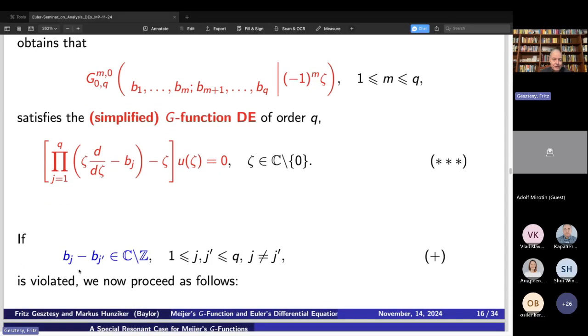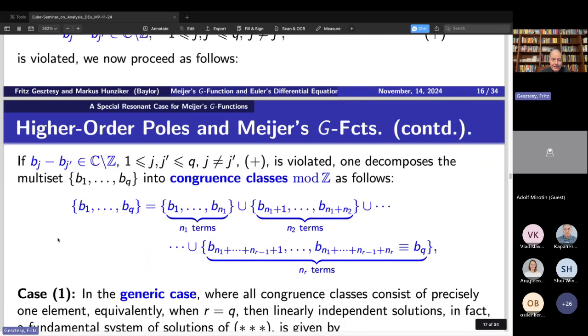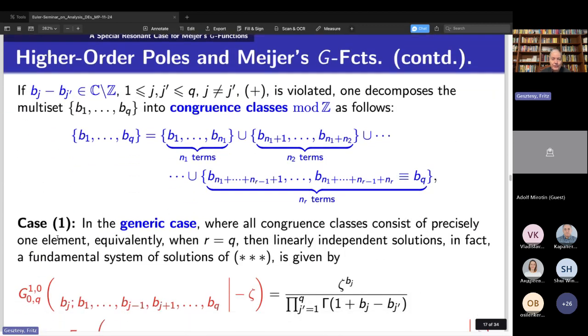So let's look at the case where this generic condition is violated. So some of the differences of b's are actually integers. Well, then you have to do the following. You have to introduce congruence classes where the difference belongs to a particular integer.